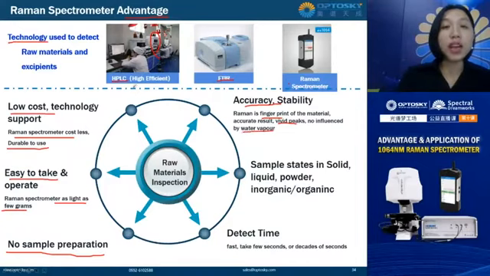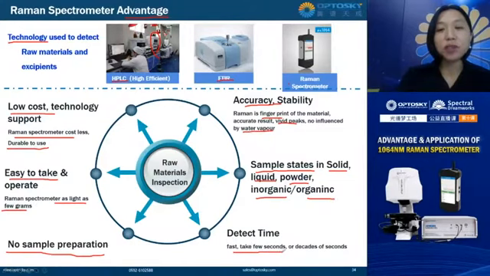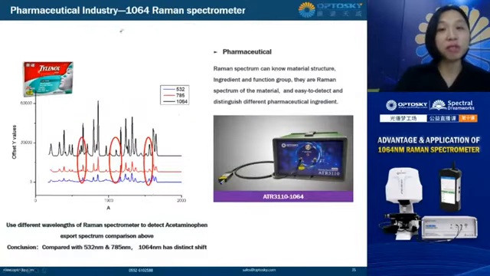HPLC has some disadvantage with water vapor. Samples can be solid, liquid, powder, or organic, and detection takes just a few seconds. That's why we introduce Raman spectrometers for pharmaceutical raw materials and excipients identification.